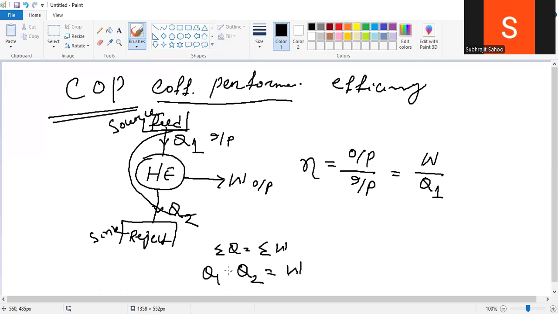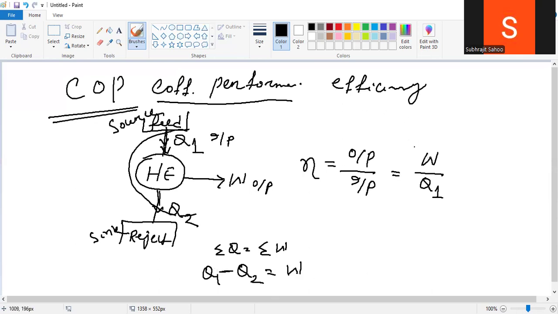Remember, when heat is supplied to the system, it is positive. When it is rejected, it is negative. So heat Q1 is supplied to the heat engine, positive, and Q2 is rejected from the heat engine, minus. So W equal to Q1 minus Q2.